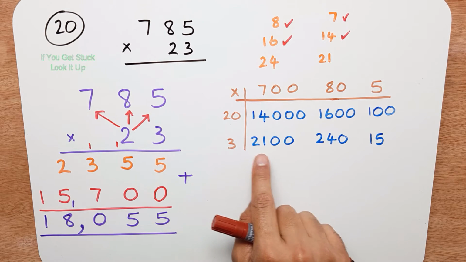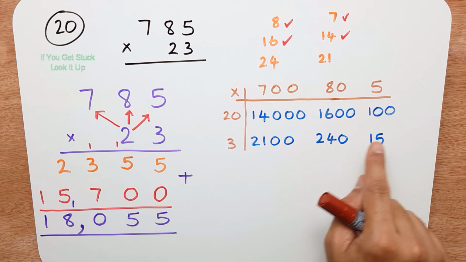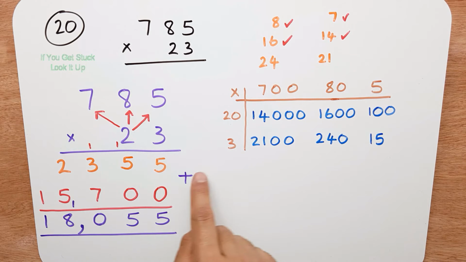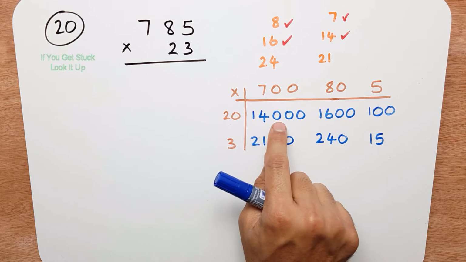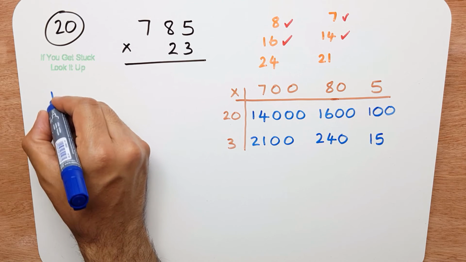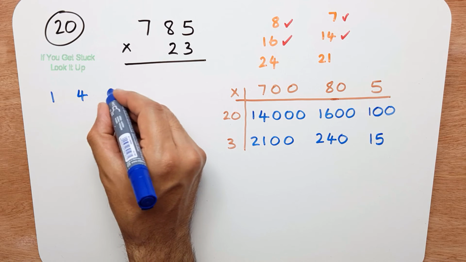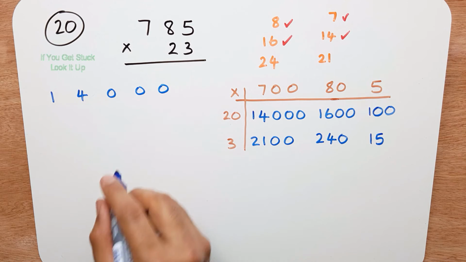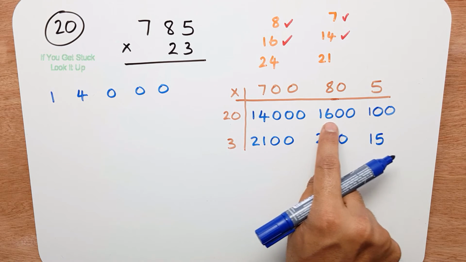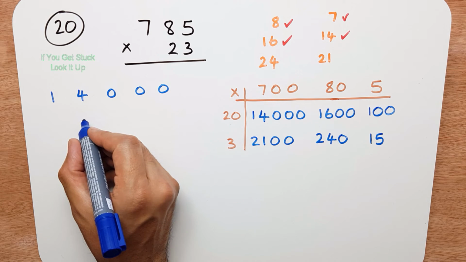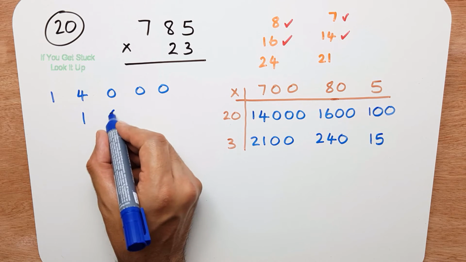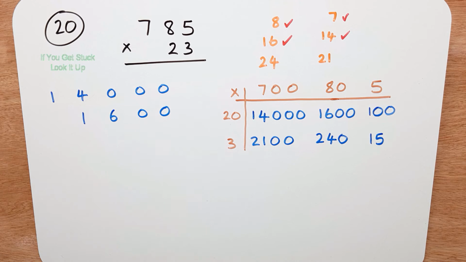Now our next step is simply to add all these together. So what I'm going to do is make some room here. So that there is 14000. And then it's 1600. Now we've got to be careful with this. 1600.